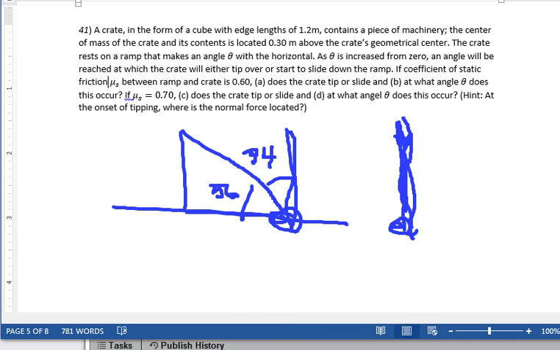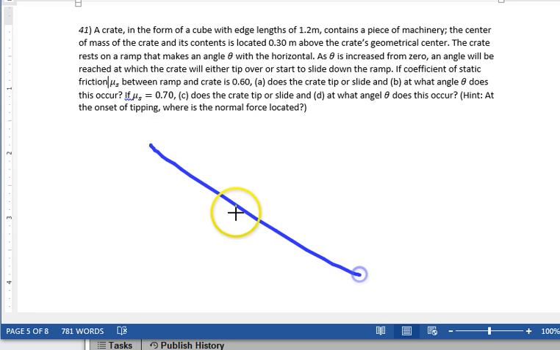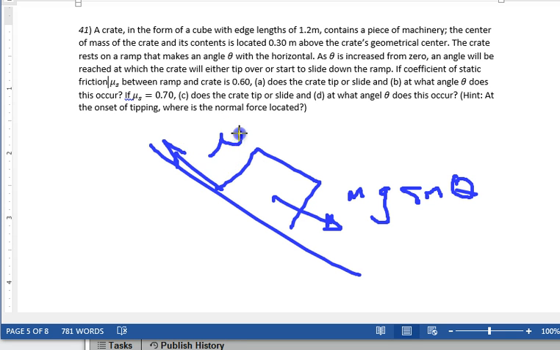So let's calculate a couple of things. Let's ignore the tipping for the moment and just look at what angle the crate would slide. If you remember, if we just talk about a crate sliding down a plane, the force down the plane is mg sine theta, right? And the frictional force keeping it in place is mu s mg cosine theta, right?